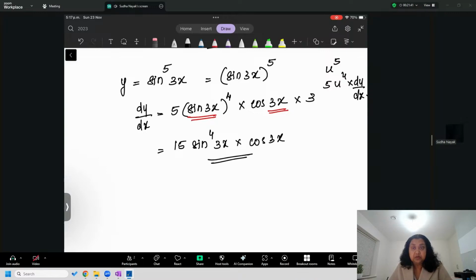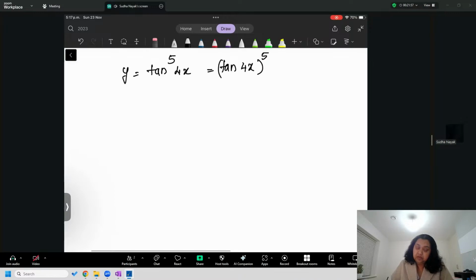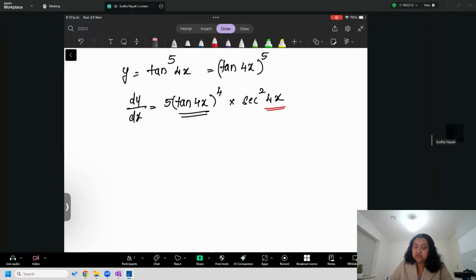Please remember that this is the case. I'll give you one more case of tan to the power of 5 4x. In this case it can be written as tan 4x to the power of 5, and dy over dx will be equal to 5 tan 4x to the power of 4, that's the normal differentiation of x to the power of n, times the differentiation of tan 4x, that is sec square 4x, then the differentiation of 4x, that will be 4.